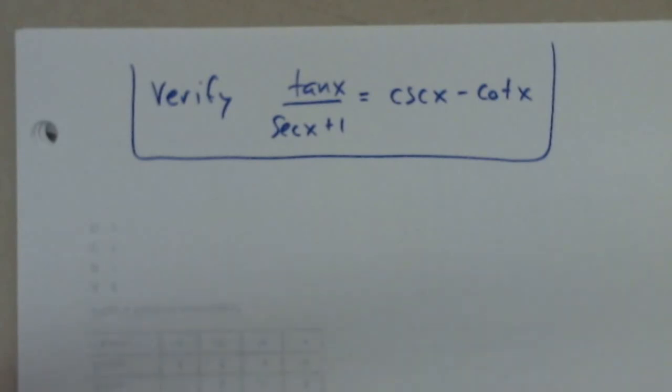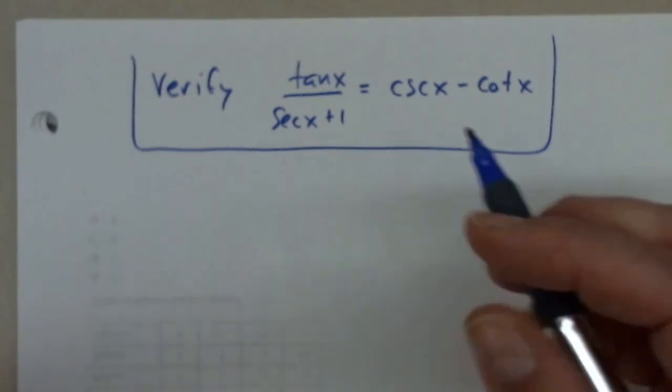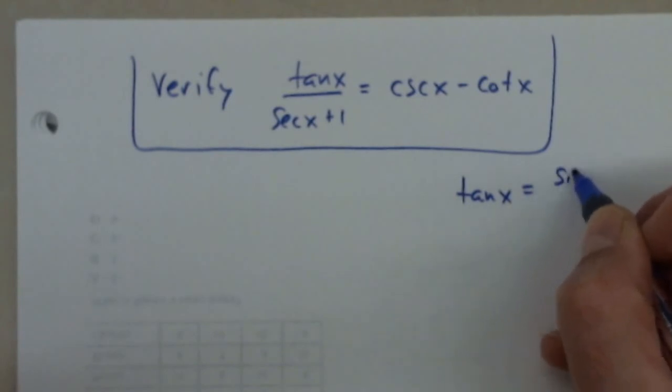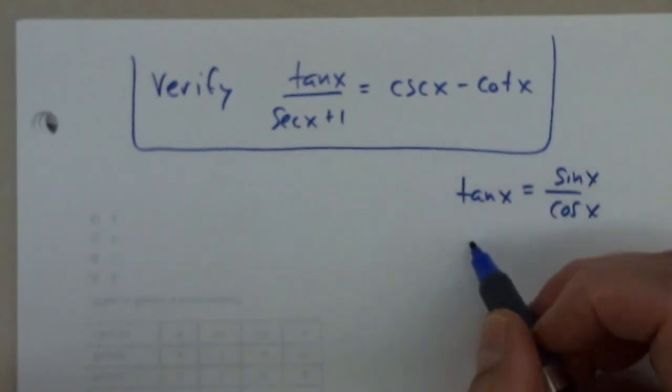And we could work on either side. We could use the same strategy as the previous problem by working on the left side. So pause the video and try that one. Here are some identities we might need. Secant.